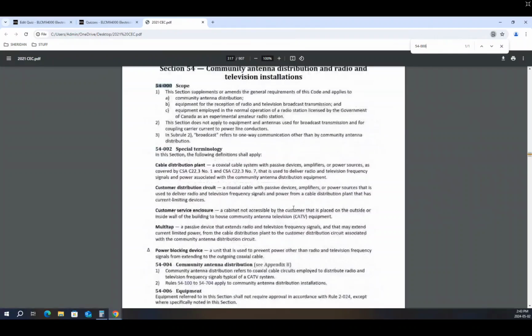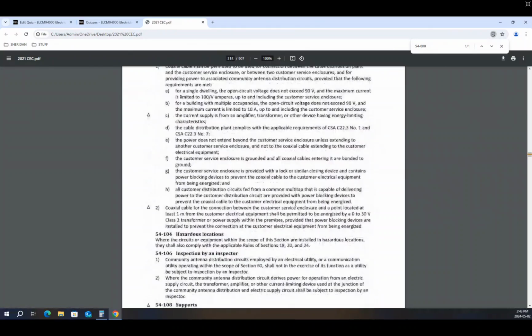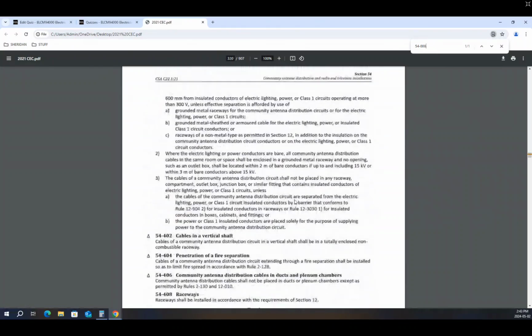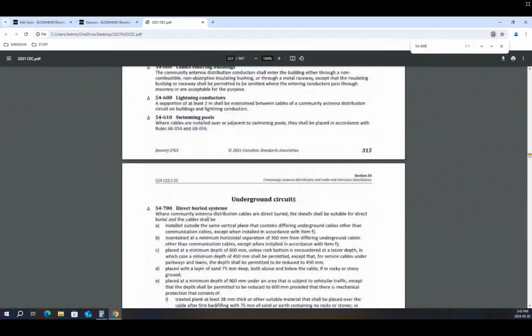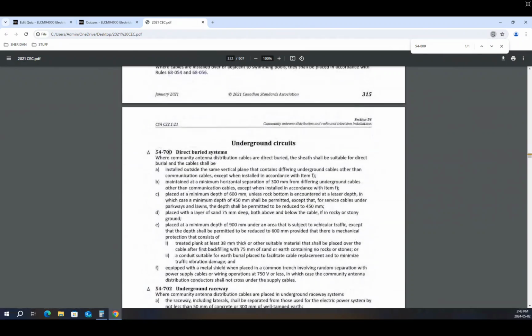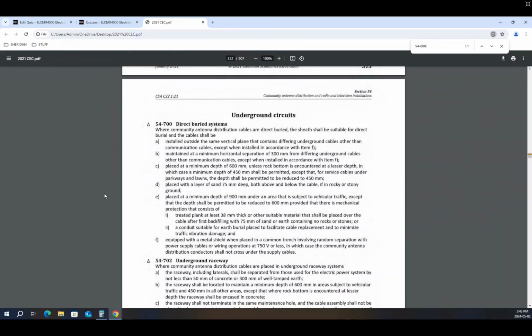And we're looking for direct buried underground 54-700. Installed outside and maintain a horizontal separation.